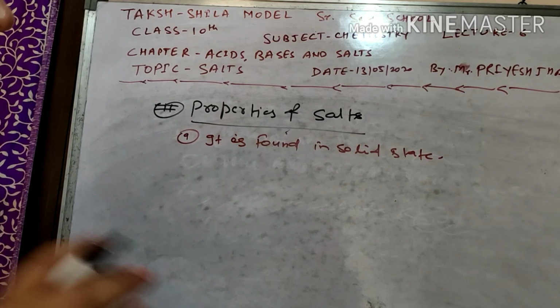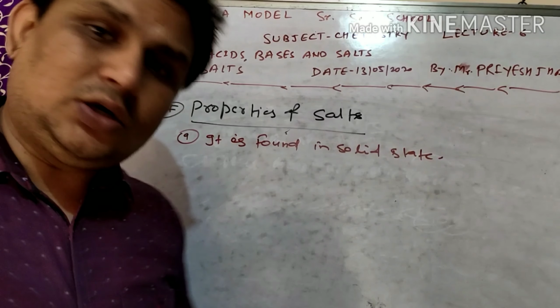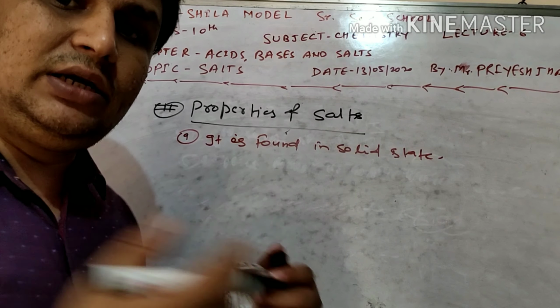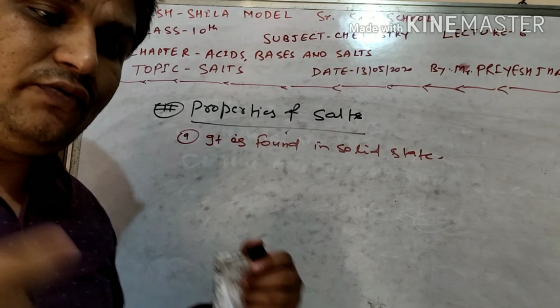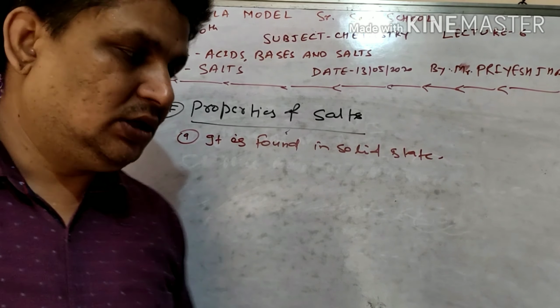Most of the salts are generally present in the form of solids, because salts contain two parts, positive and negative, and due to the strong force of attraction they are generally present in solid state.